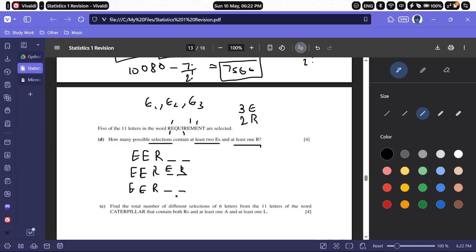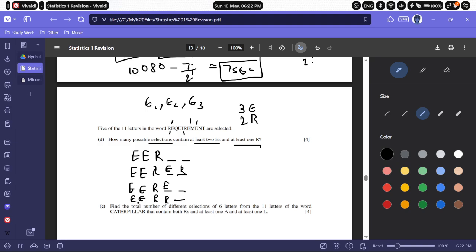Thinking about E, E, R and then, for example, when there is no other E and R, then again E, E, I, R. One, two, three, four. Apart from that, wait, what else can you have?